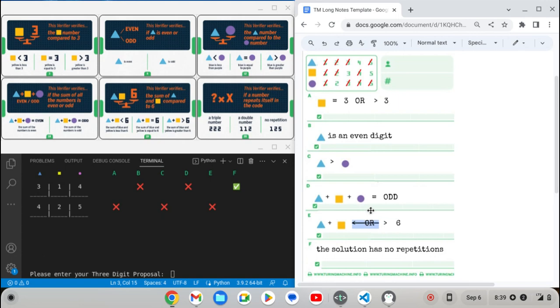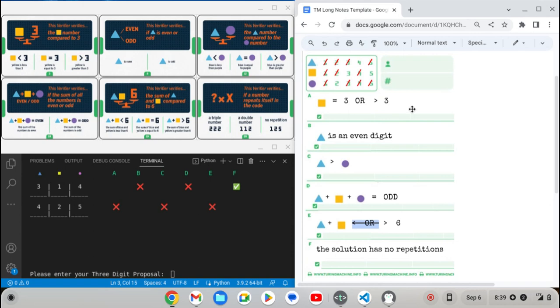Okay. Triangle is greater than circle. That's very interesting for those two evens to be sorted that way, but yeah, I guess it makes sense. And yeah, we just can't guess between 3 and 5.